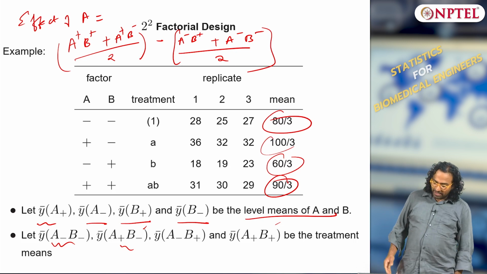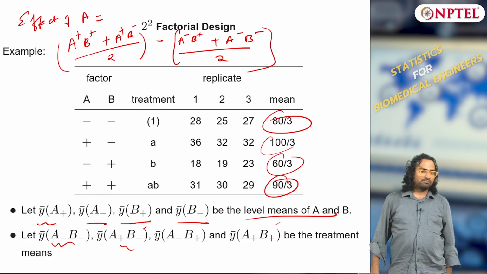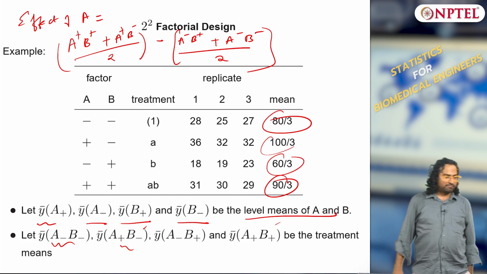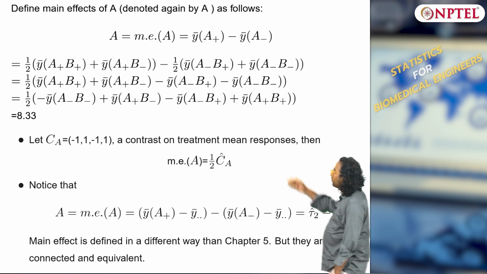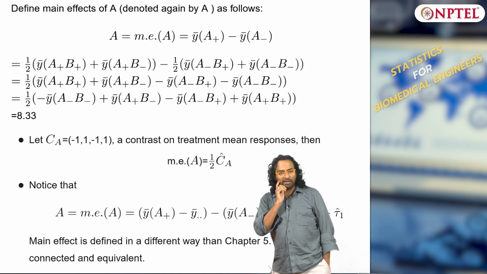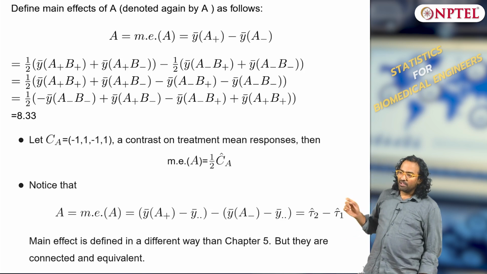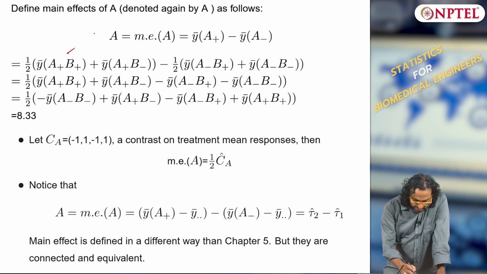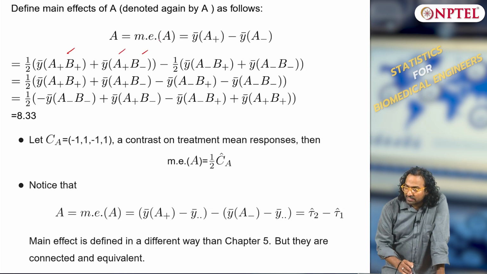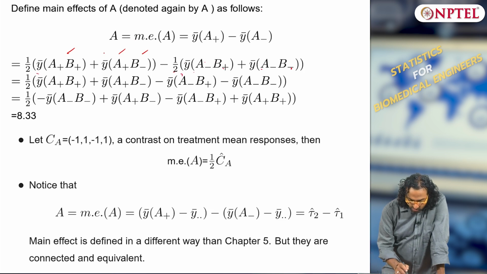Y bar A plus will be 100 by 3 plus 90 by 3, 190 by 3. So going by that, this is how we compute the main effect of A, make sense? I am now writing it in terms of y bar: y bar A plus B plus, plus y bar A plus B minus, divided by 2, minus y bar A minus B plus, plus y bar A minus B minus, divided by 2, and they are subtracted.